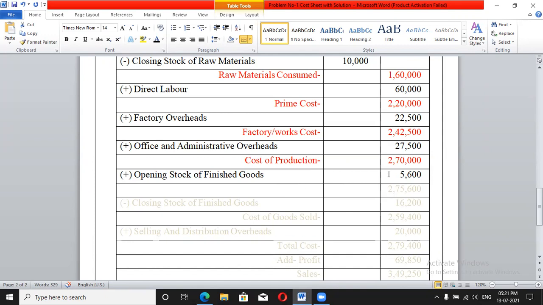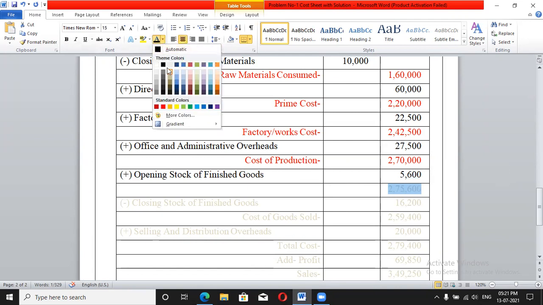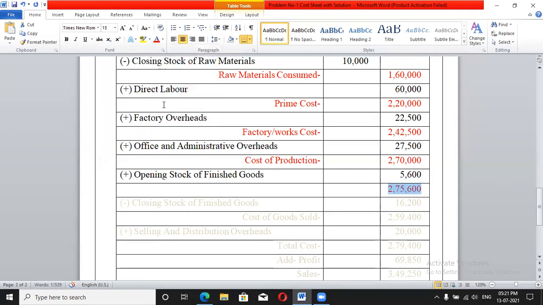So let's total: 2,70,000 plus 5,600 comes to 2,75,600. From this amount, we should subtract the closing stock of finished goods, 16,200.